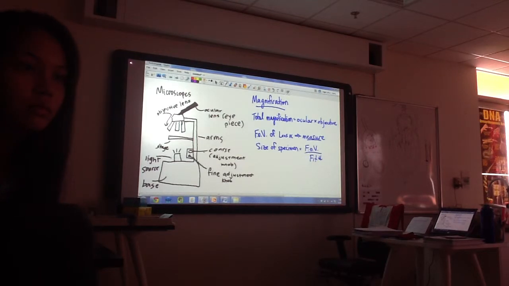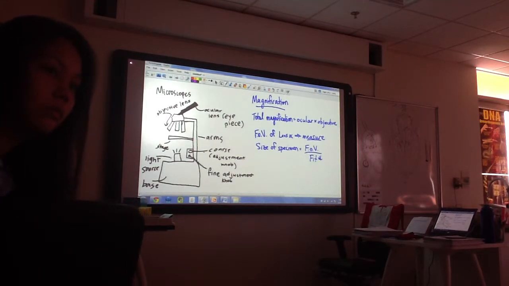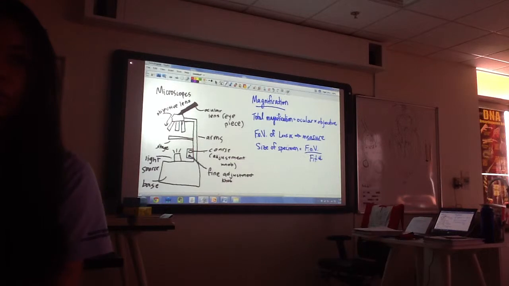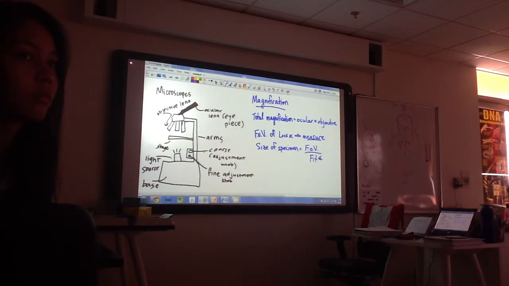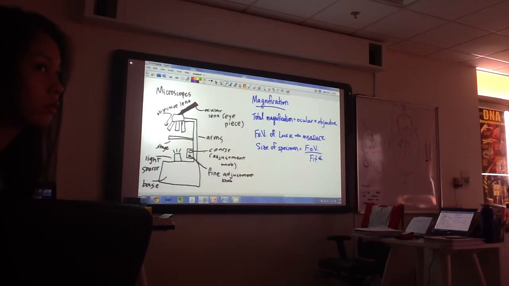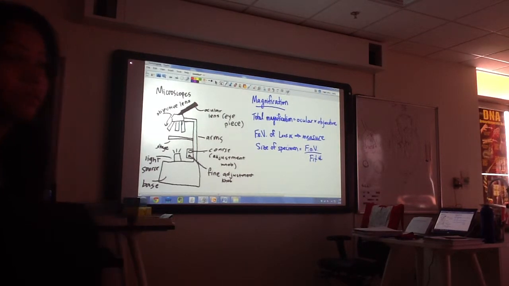That would be 2. So it would fit approximately 2 1/4. So I would take my field of view, which is 1 meter, and I divide by my fit number, 2 1/4, right? 1 divided by 2 1/4, and it gives me the number of meters long that this thing is. Yeah? Does that make sense?